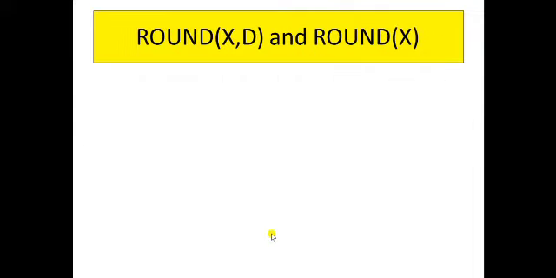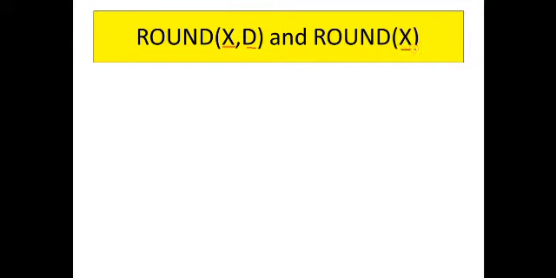Now let us do the next function, which is round. The round function also comes in two formats. Though the aim would be the same, the number of parameters would be different. The round function can have two parameters or one parameter.